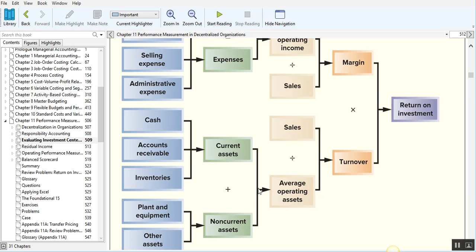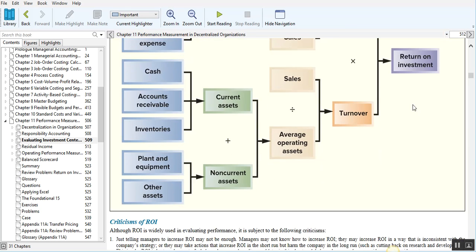We calculate average operating assets from those, and then take sales divided by average operating assets to calculate asset turnover. DuPont's point was that we can evaluate the turnover number and the margin number separately, but when multiplied together, they give us our return on investment.